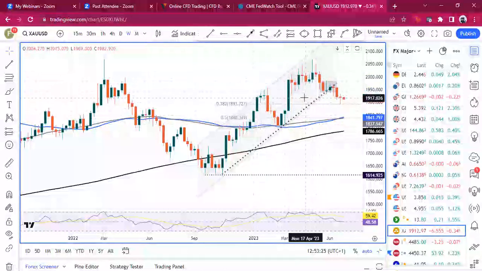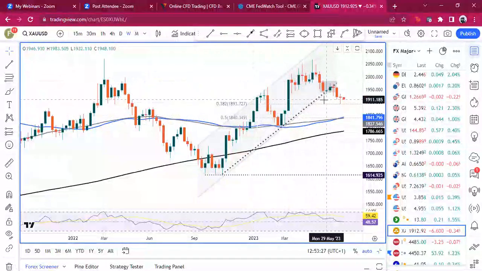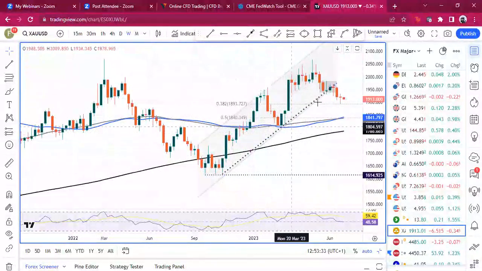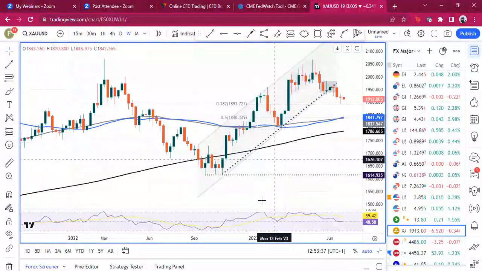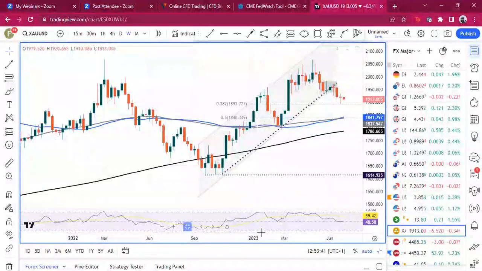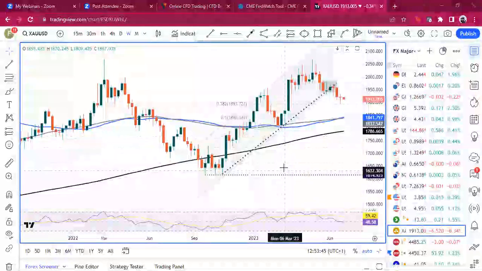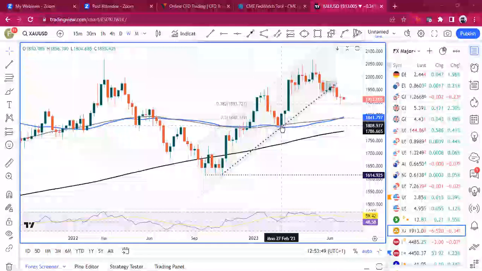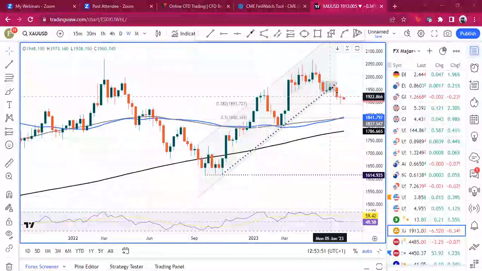We had this bullish channel, if you like, and if you didn't like the channel, then we had that nice rising trend line that you can see, which held prices back around 1837 or so, just below there, around 1800. And then we've just broken out of that and broken down.